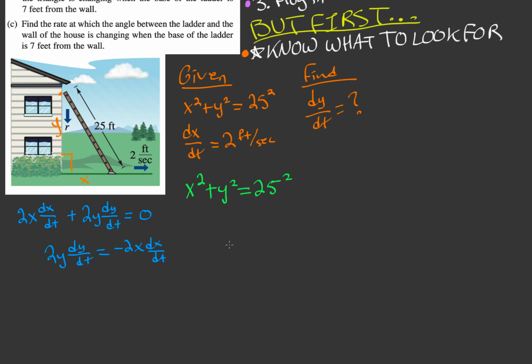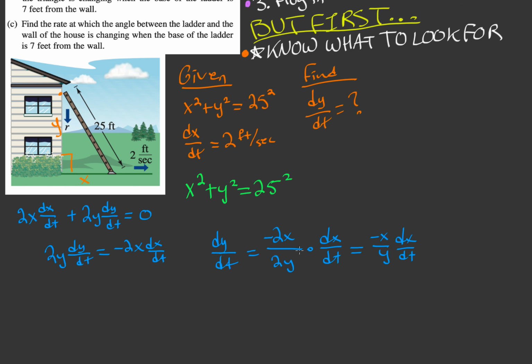So we get dy/dt is equal to negative 2x over 2y times dx/dt, and these simplify to negative x over y times dx/dt. So now we found our equation for our implicit derivatives, and we can plug in now.